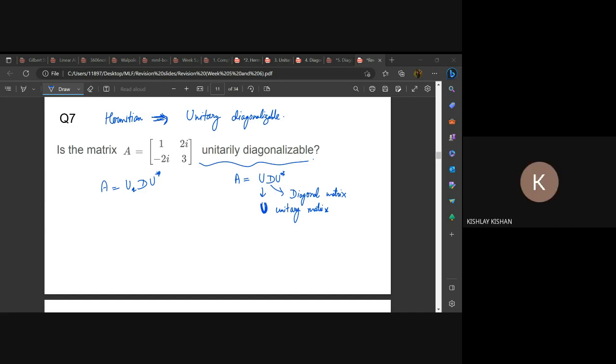One eigenvector is minus 2i by 1 plus root 5 and 1, one column vector. And the other one should be orthogonal, so we can take it like that, no?